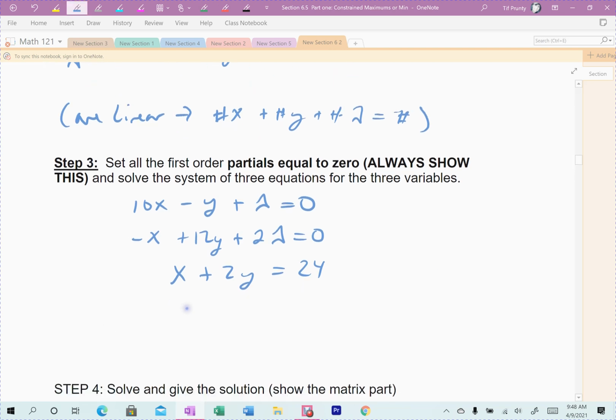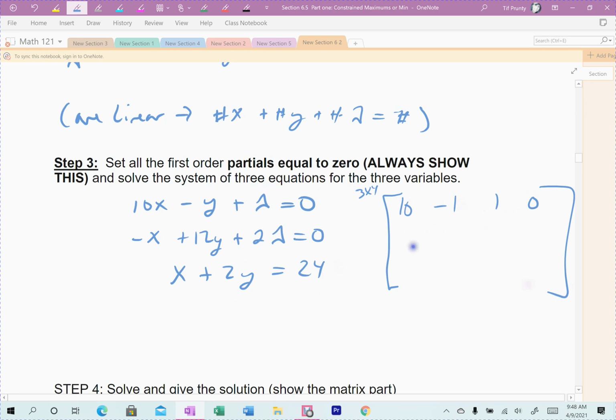So in this case, when I set up my matrix, it's going to be a 3 by 4. There are 3 equations, and there are 3 variables and the constant. So I've got my x column, my y column, my lambda column, and my constant column. The first equation is 10, negative 1, 1, 0.